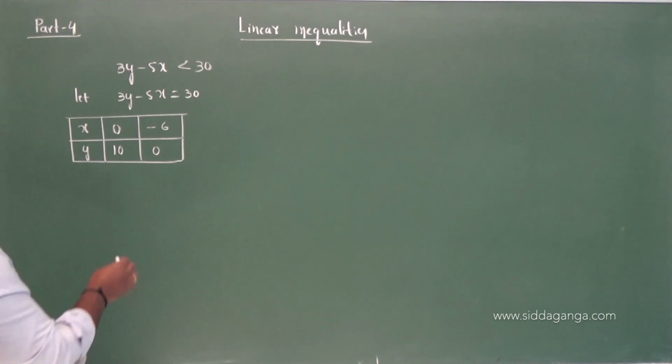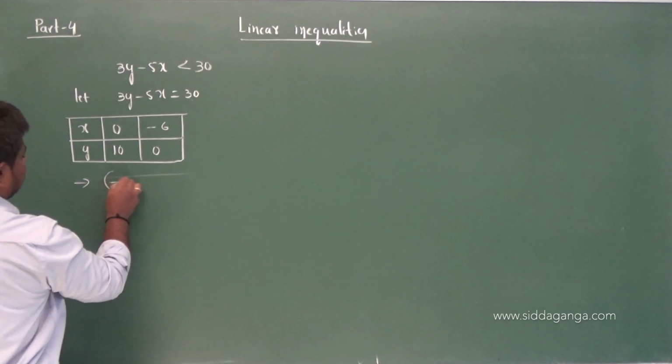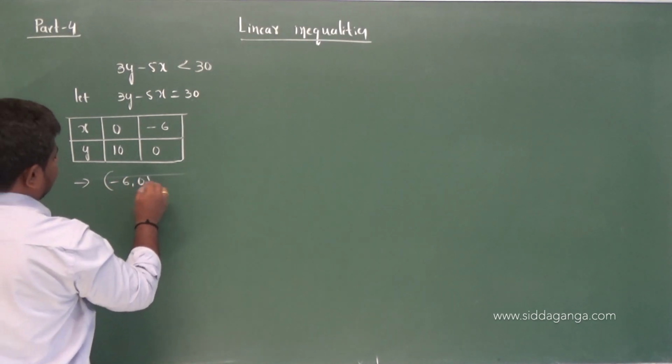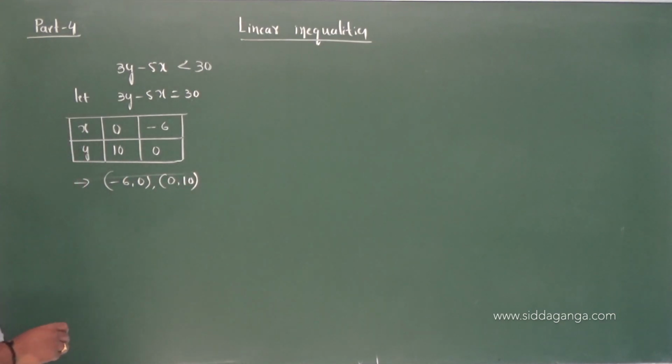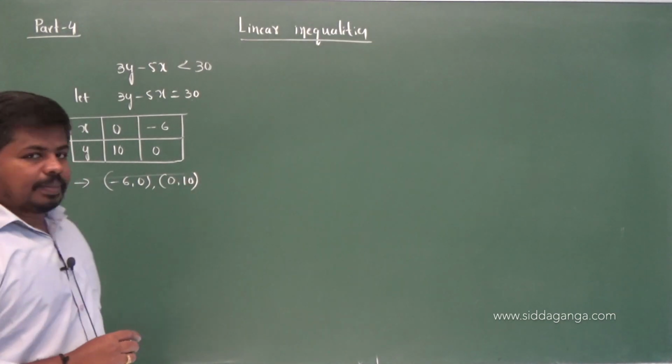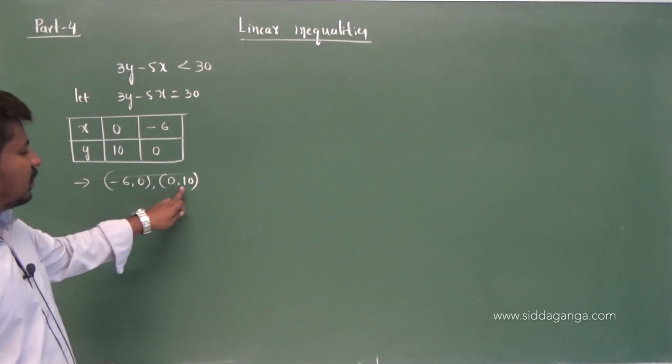So, this line is passing through the points minus 6 comma 0 and 0 comma 10.